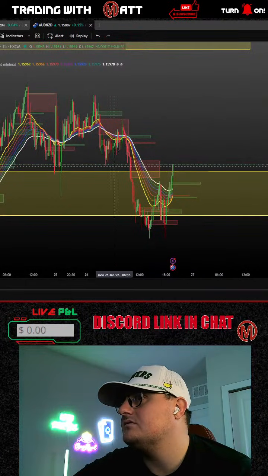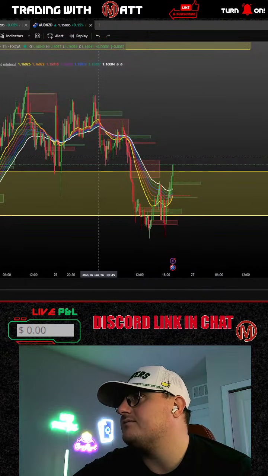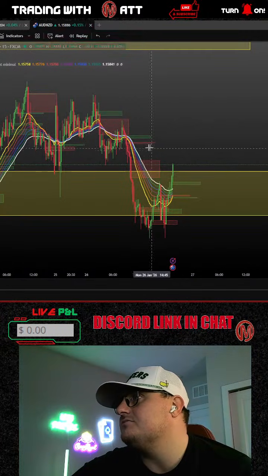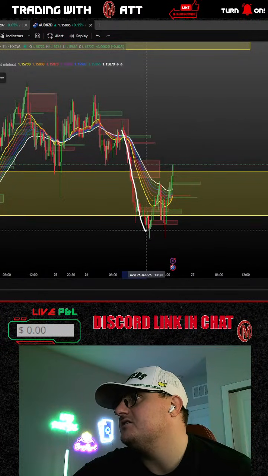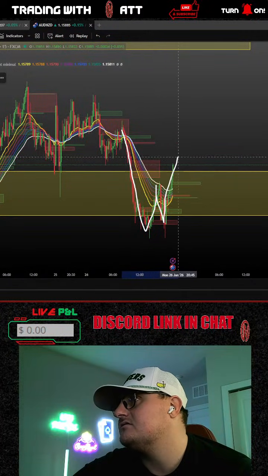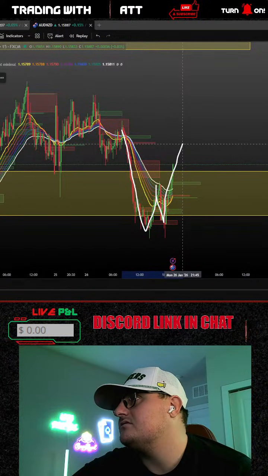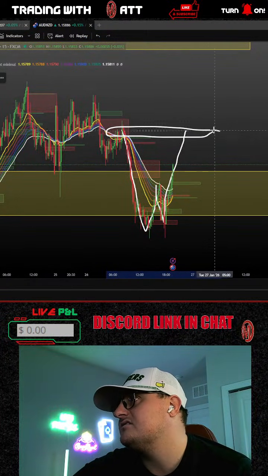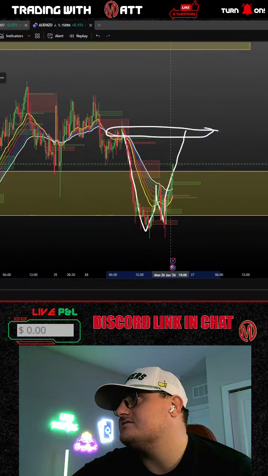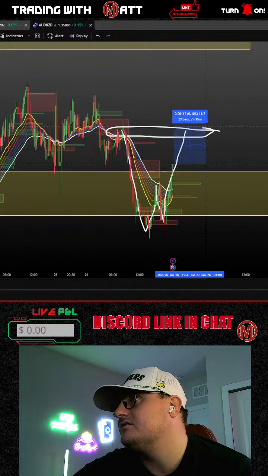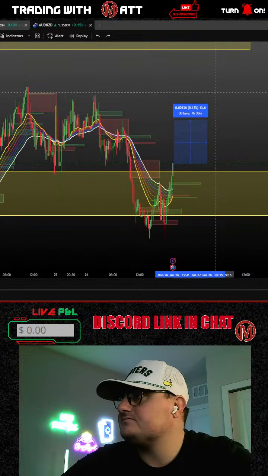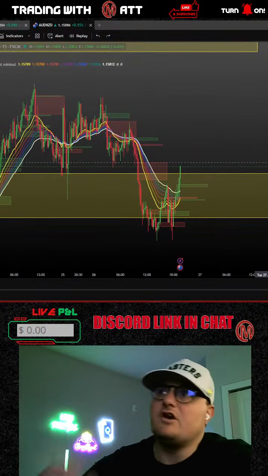Could. It's got a fair value gap right here in a small zone. But it could finish off this W pattern right here on the 15-minute. Which would be like right here. That is roughly 13 pips. Roughly.